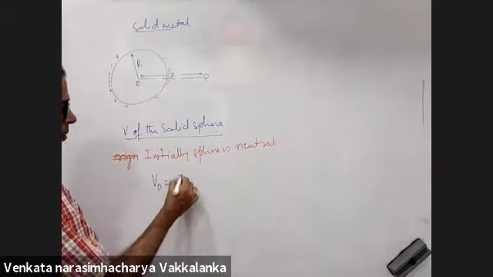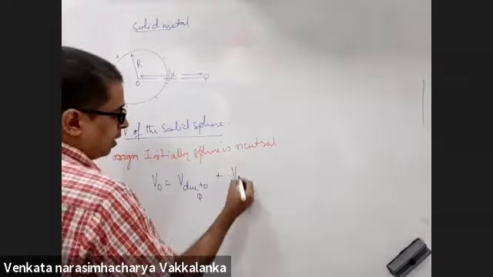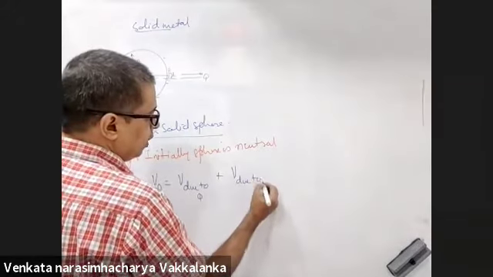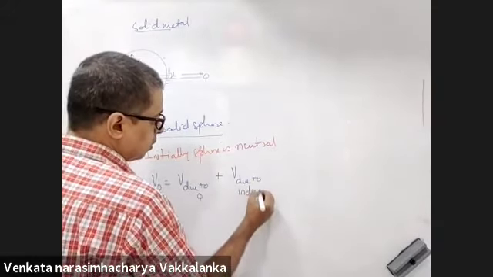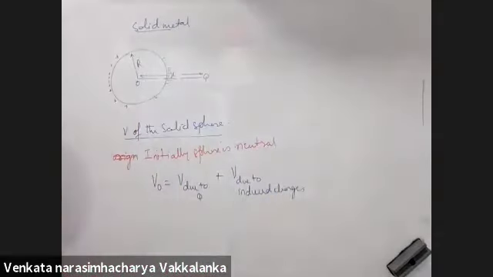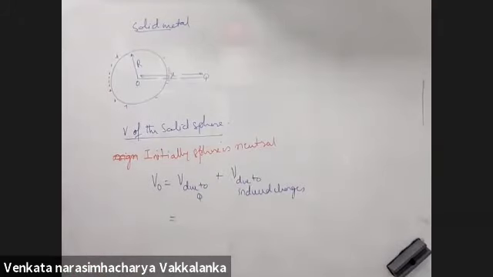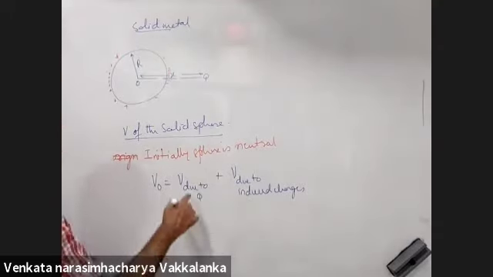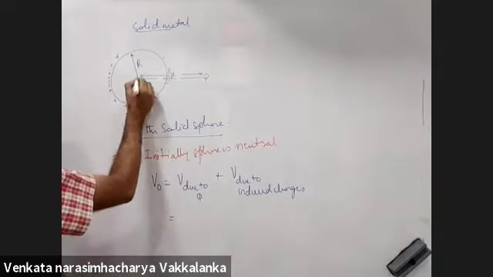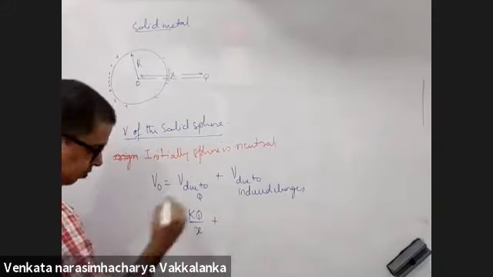Potential at O will be potential due to capital Q plus potential due to induced charges. Do you agree with this? Yes, sir. Potential due to capital Q at O will be K capital Q by X.